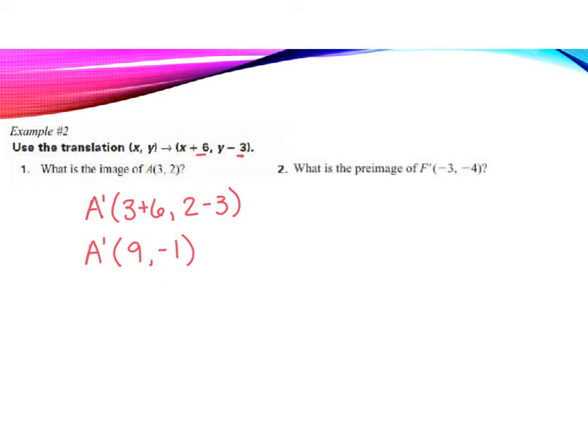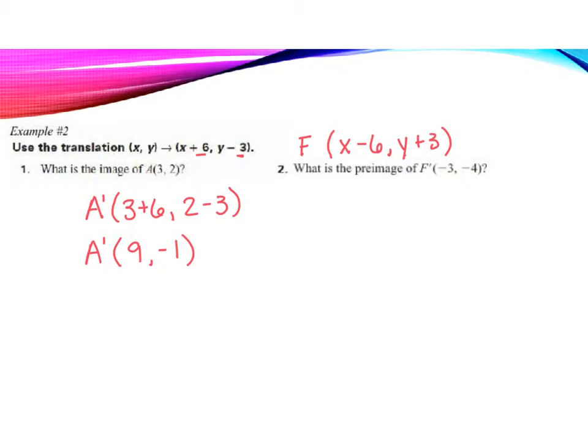So kind of our rule to find what F, not F prime, but F is, we are going to use this. F is going to be x minus 6, y plus 3. So whatever these are in between, do the opposite.